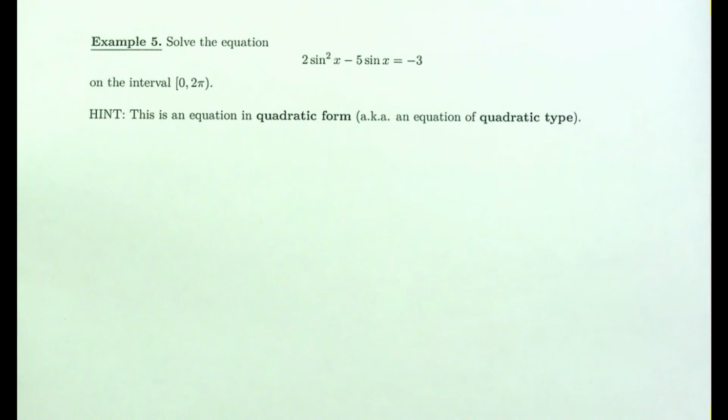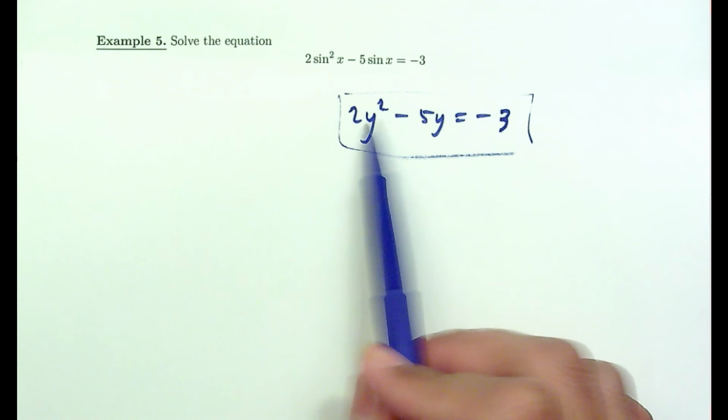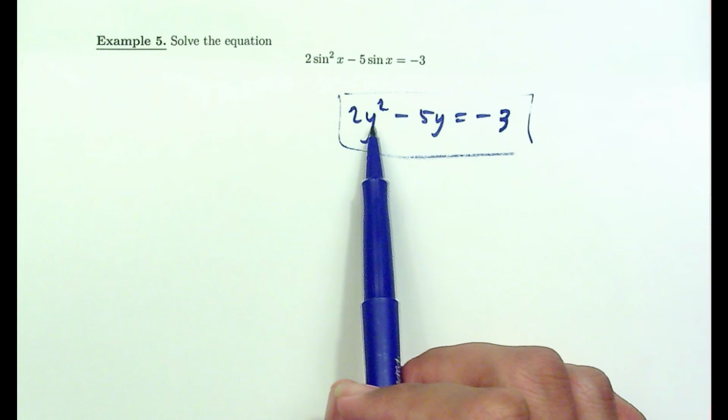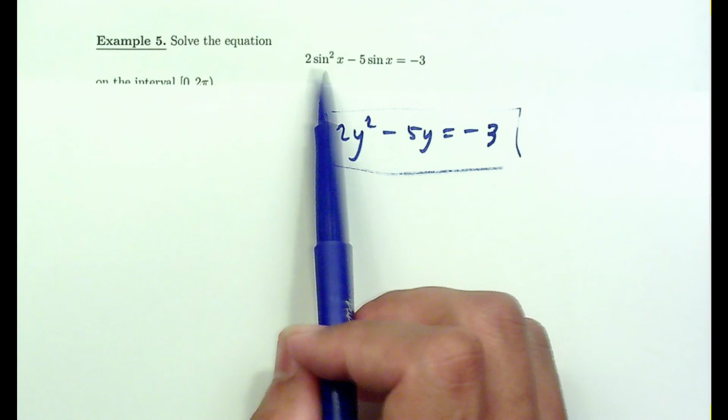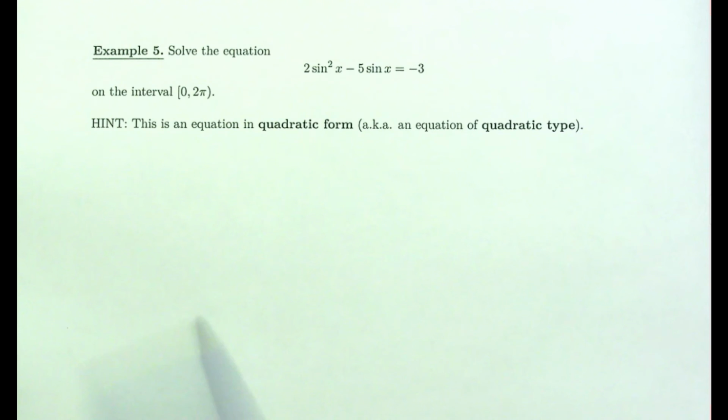This is what is called in college algebra a quadratic type equation, or an equation in quadratic form, when you have another expression, such as sine of x, instead of just one single variable. So we're going to solve it just like we solve quadratic equations.